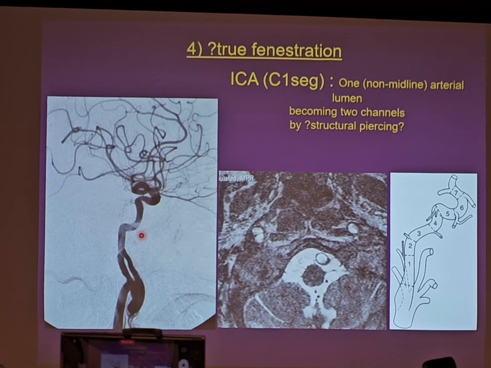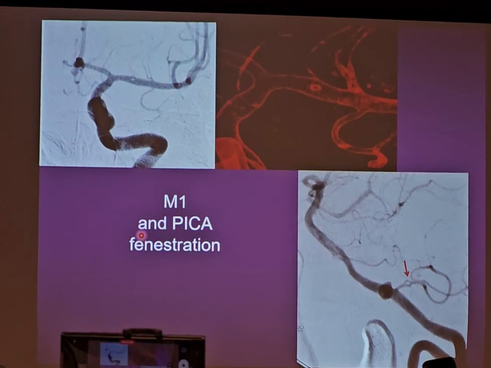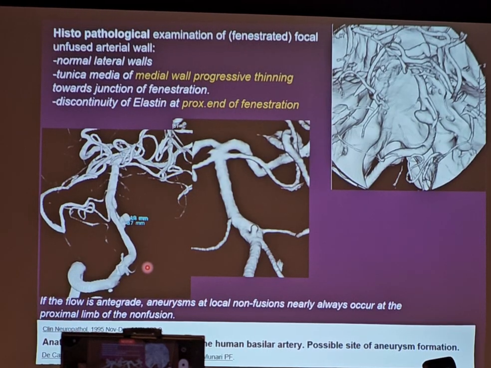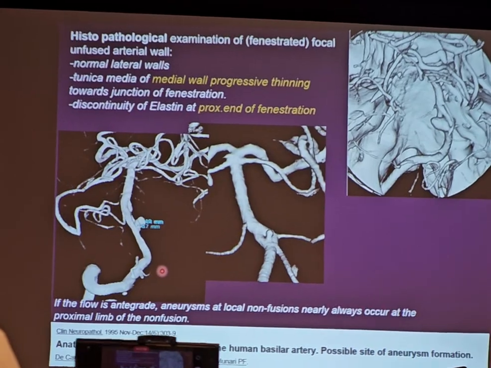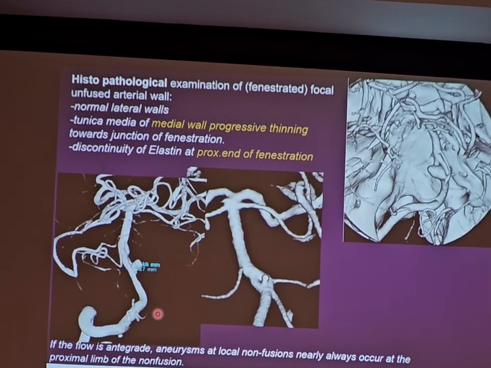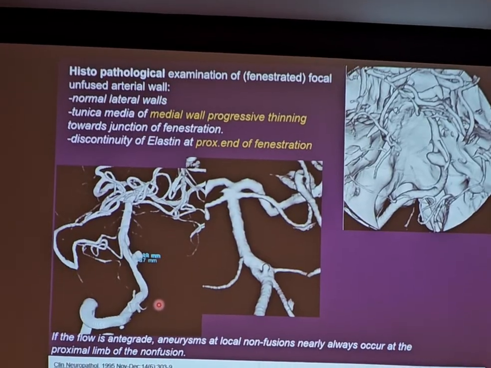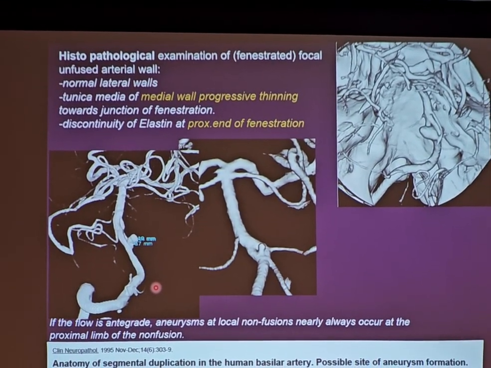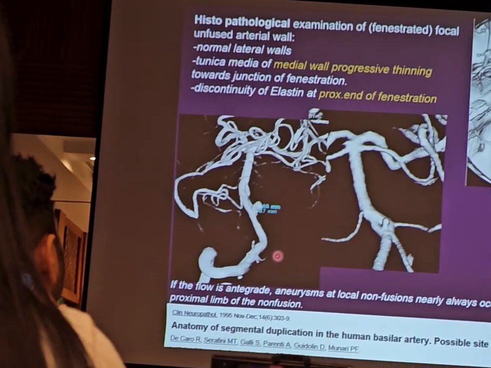Like this, probably a true fenestration, here a hole, here a hole. So it is probably not a full explanation of every single one, but at least we managed to separate them into four groups.